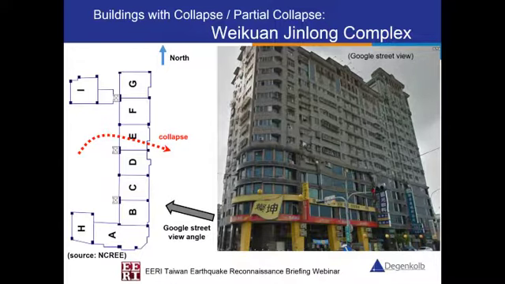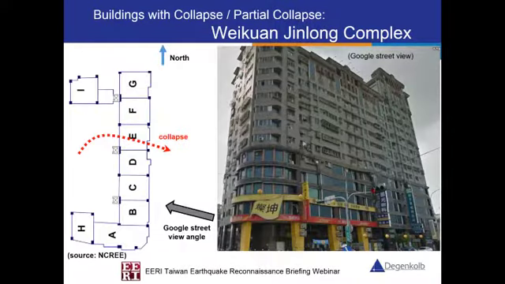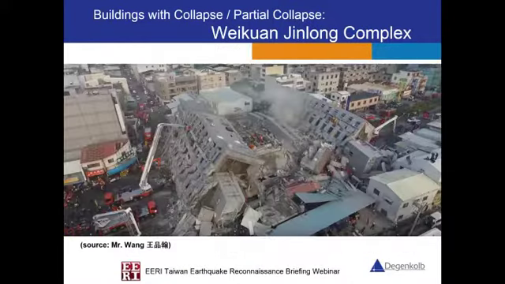If we look at another view after the earthquake, this is the building that collapsed, and we can see that most of the units from A to G were actually crushed. Most of the people who survived were in either unit H or unit I, which is the top portion of the structure.